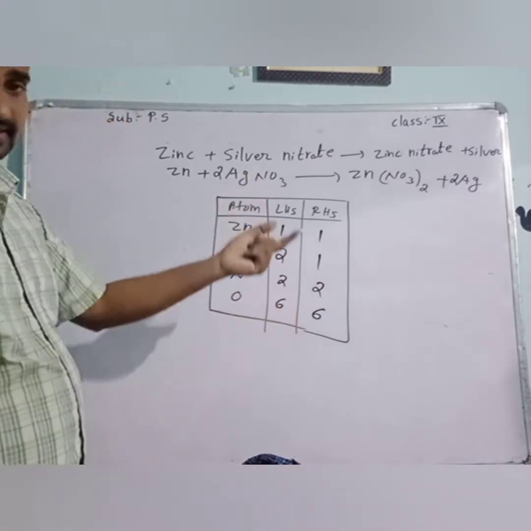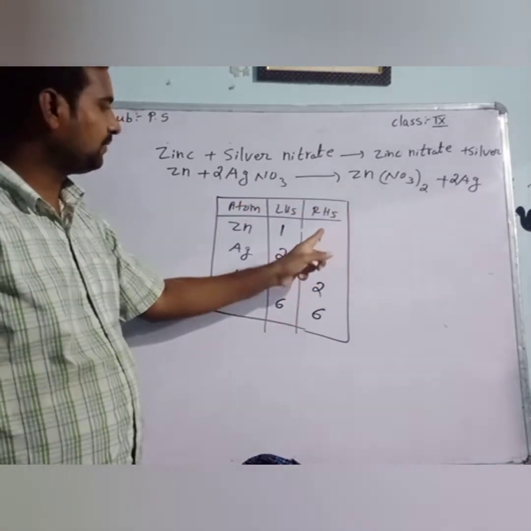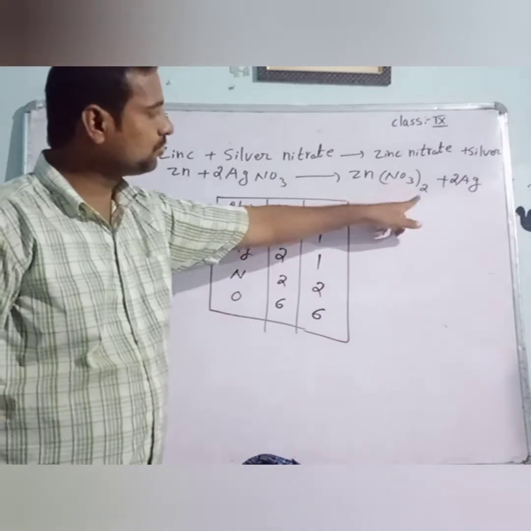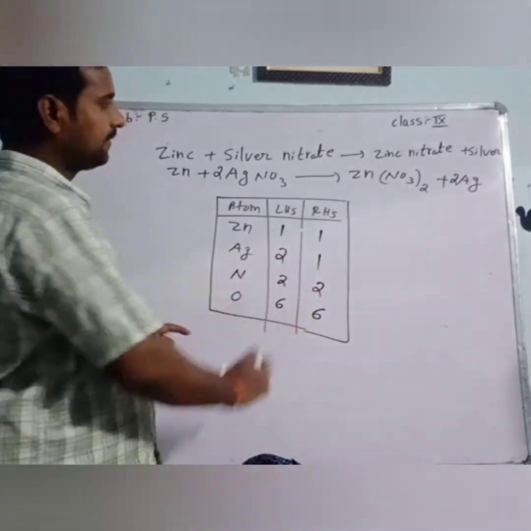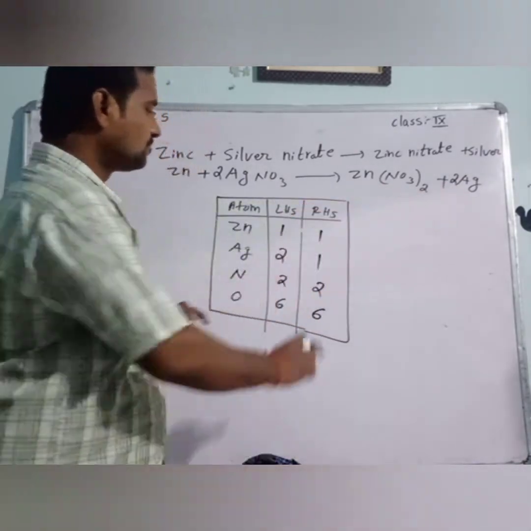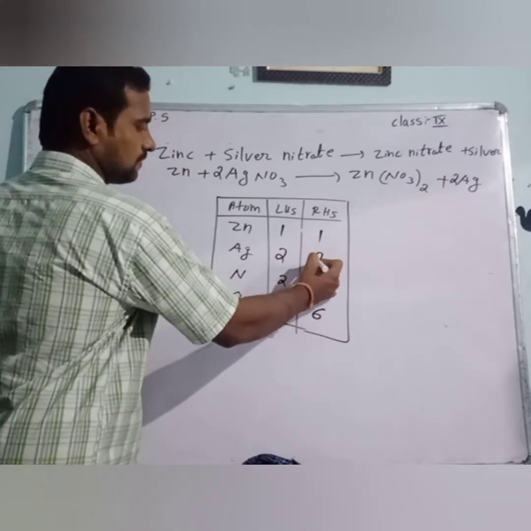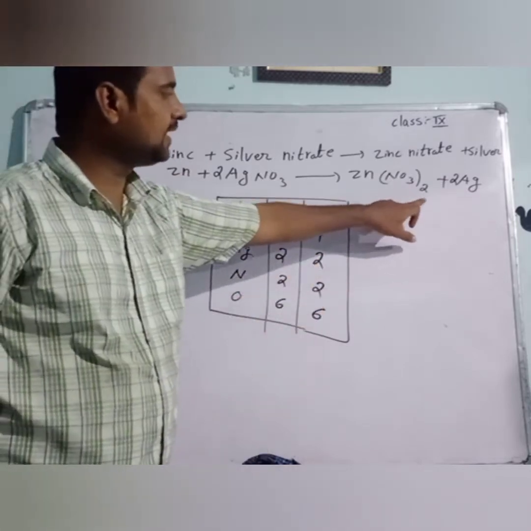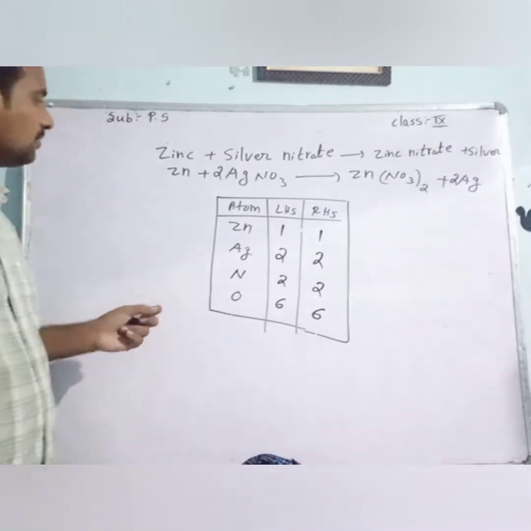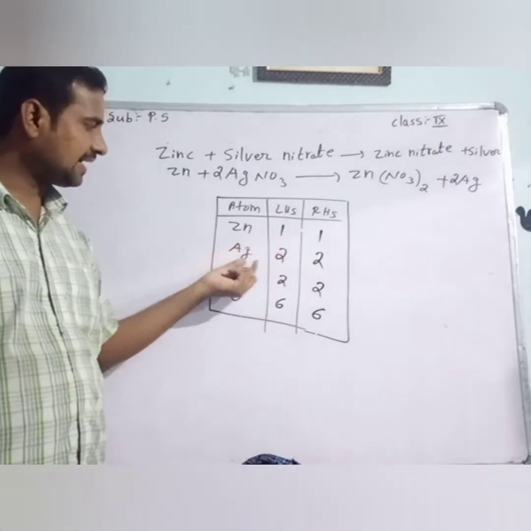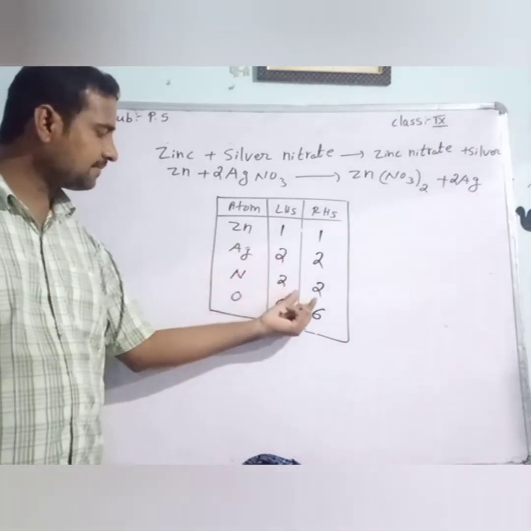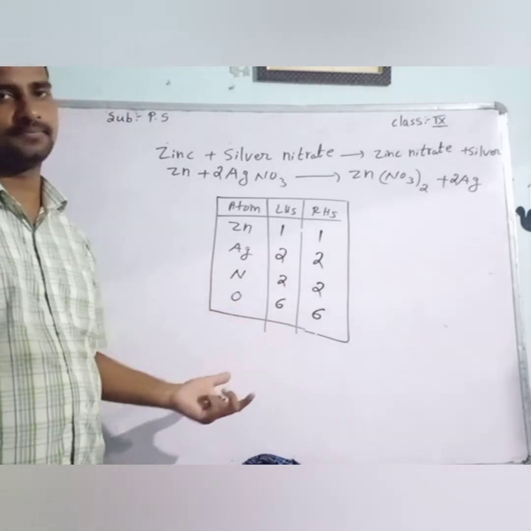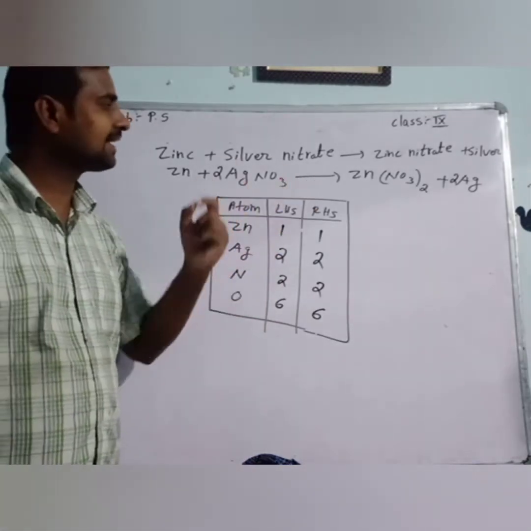Now check RHS. Here zinc atoms only 1. Nitrogen atoms 2. Okay. And silver atoms 2. And oxygen atoms 3 into 2, 6. Now zinc atom same, silver atom same, nitrogen atom same, and oxygen atoms same. So this is a balanced chemical equation.